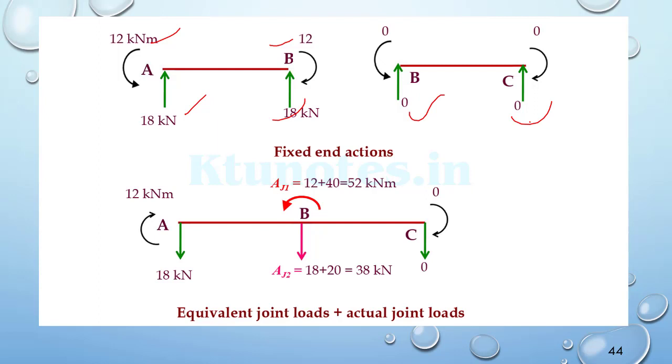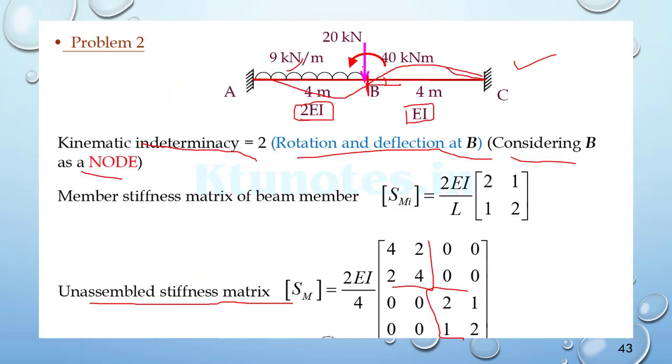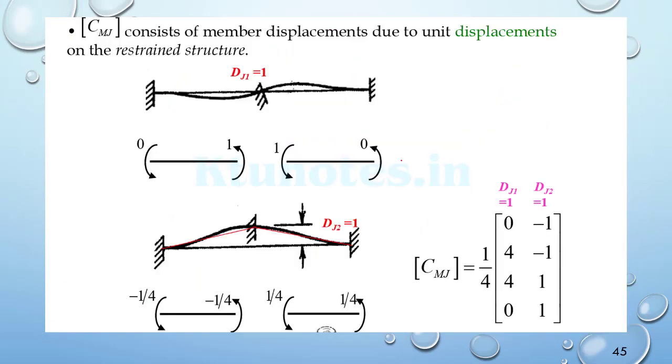Hence, the combined joint load will be the equivalent joint load plus the actual joint load. So the reverse of the previous load is applied, 12 kilonewton meter, then 18 kilonewton in the reverse direction. Then the actual load is 12 plus 40, because 12 is the moment acting here and 40 is the actual moment acting at the point.